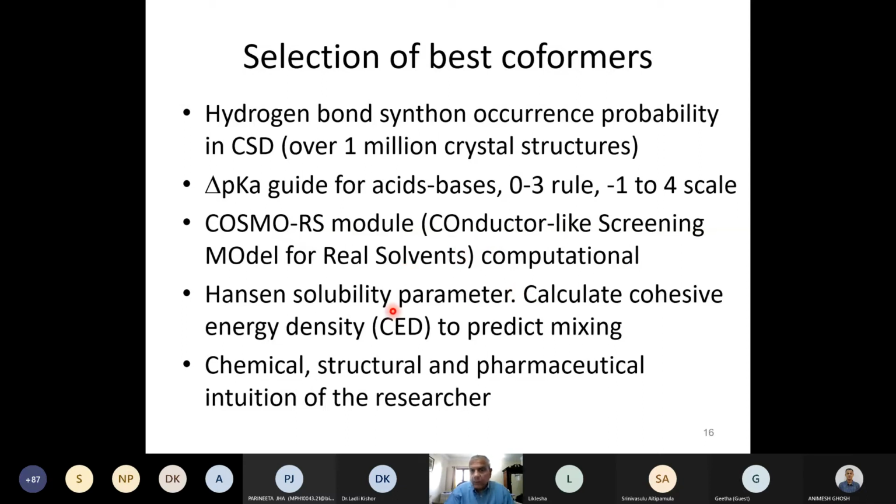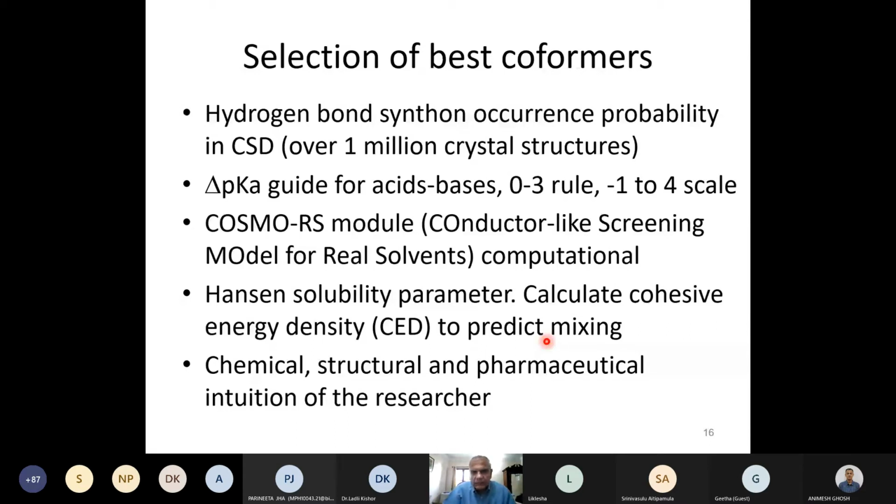The next is a very important one. It's an empirical parameter, but very useful, the Hansen solubility parameter, because that allows you to estimate the extent of mixing that will happen between the API and the co-former. And the mixing is important because mixing allows you to induce or promote reactivity.